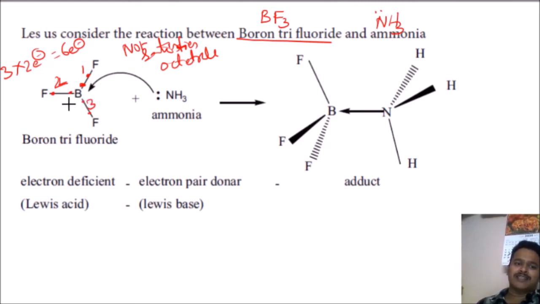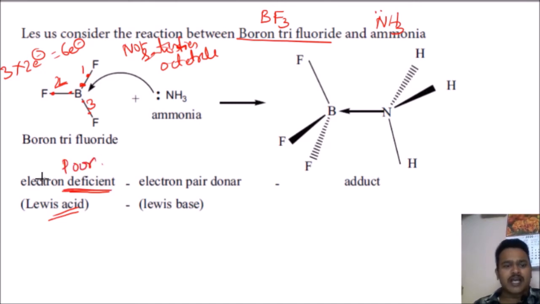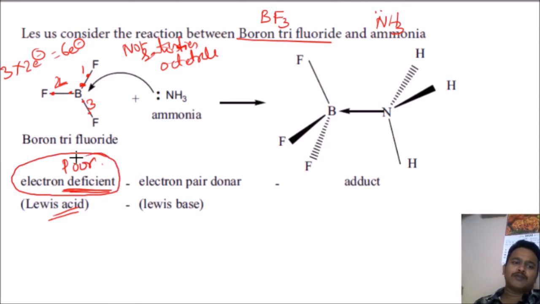It is a good electron pair acceptor, so it is called a Lewis acid. Who can accept? Who doesn't have electrons? Who is electron deficient? Deficient means electron poor species. Remember this one, it is a better understanding. Electron poor species, electron deficient species, are Lewis acids.